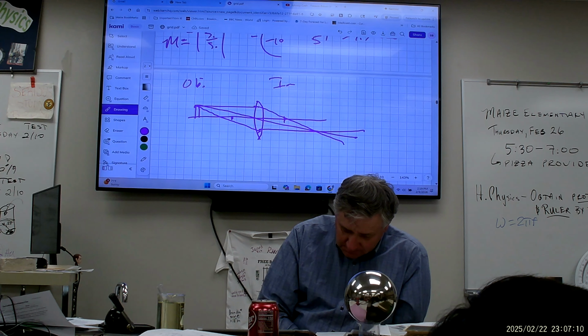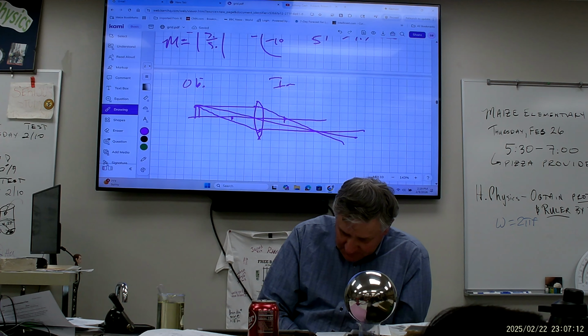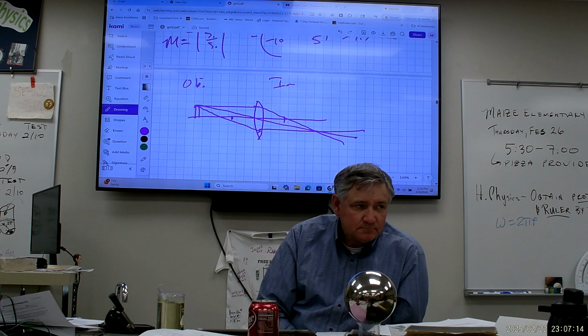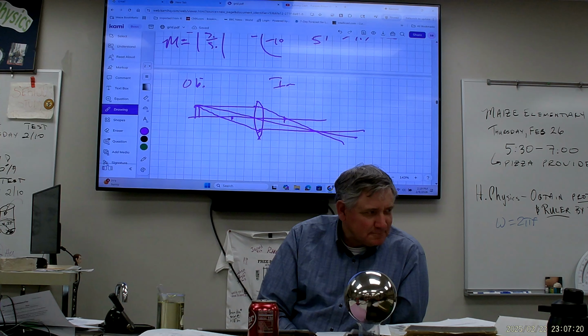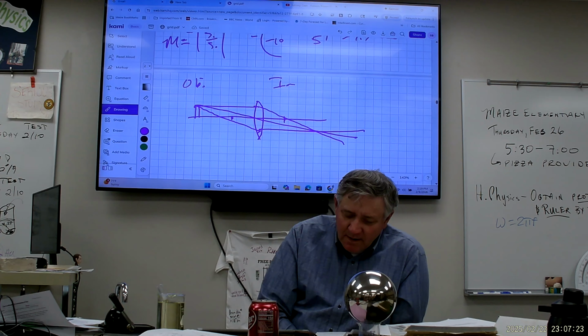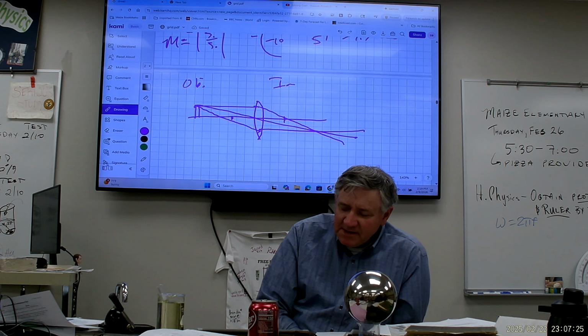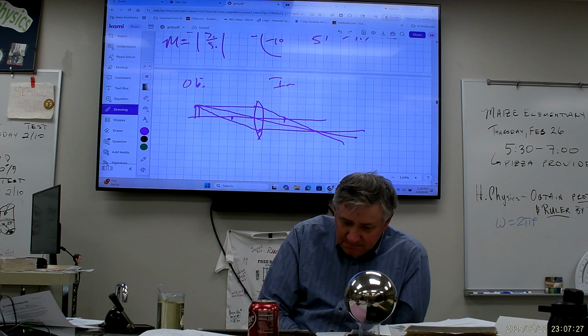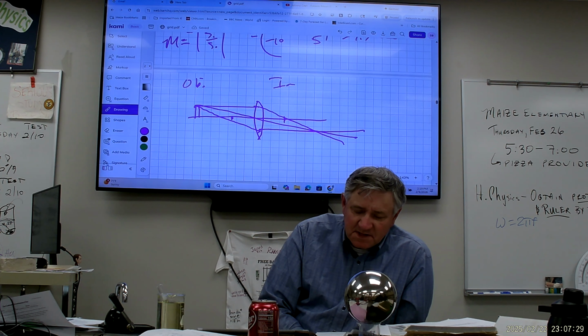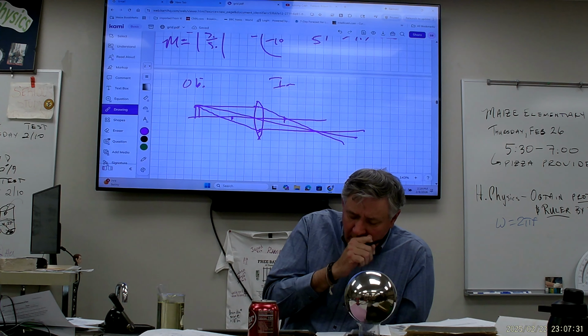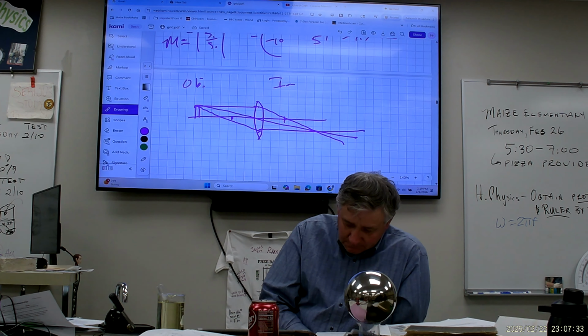Okay? So right away, off of a very crude sketch, what do you know about the image? It's inverted. That means the magnification is negative. So, in contrast to the first problem, what's going to be the sign of this focal length? Positive.